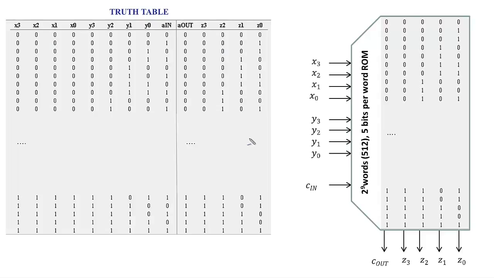Here is the table that defines this combinational circuit. This type of table is often called a truth table. For every value of x, let us say this one, 1, 1, 1, 1. Every value of y, let us say this one, 1, 1, 0, 1.